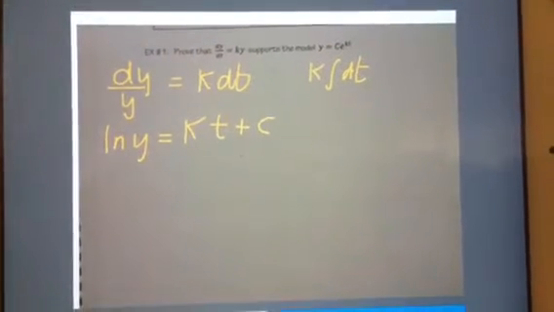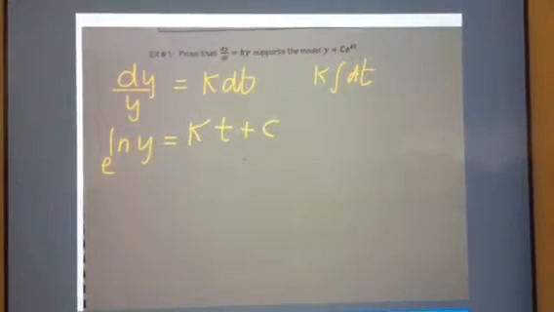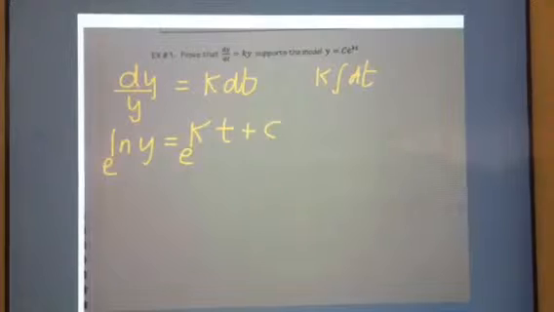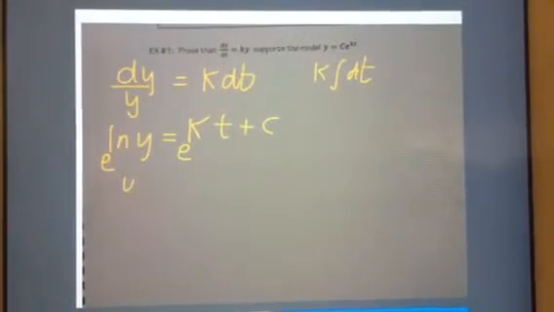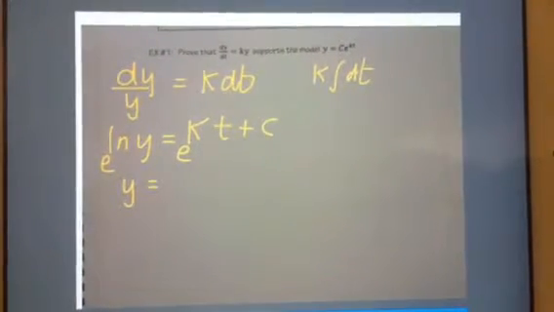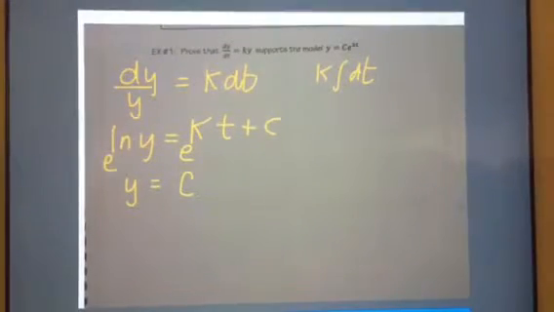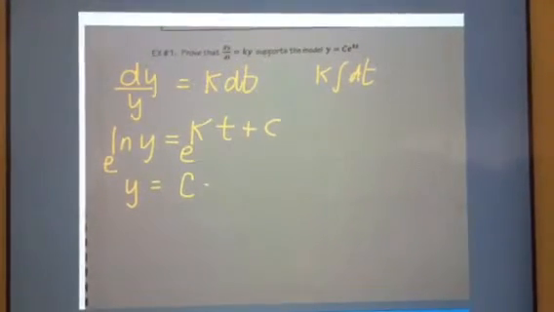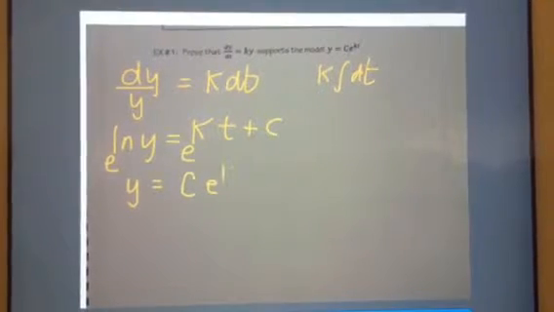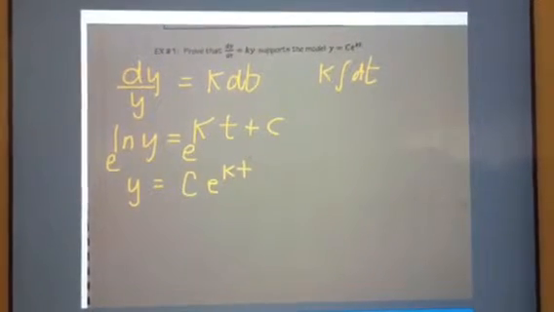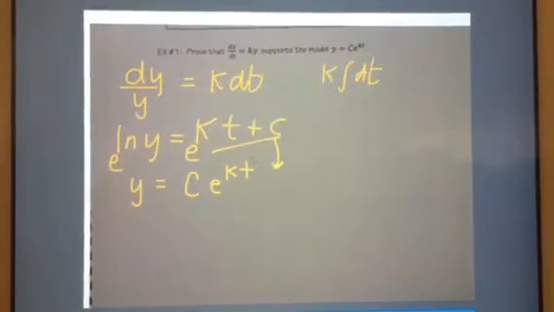To get rid of ln of y, we would raise everything to the e. e and ln are inverses of each other, so they cancel out. Here, we end up with c e to the kt. Now let me explain how we went from here to here.